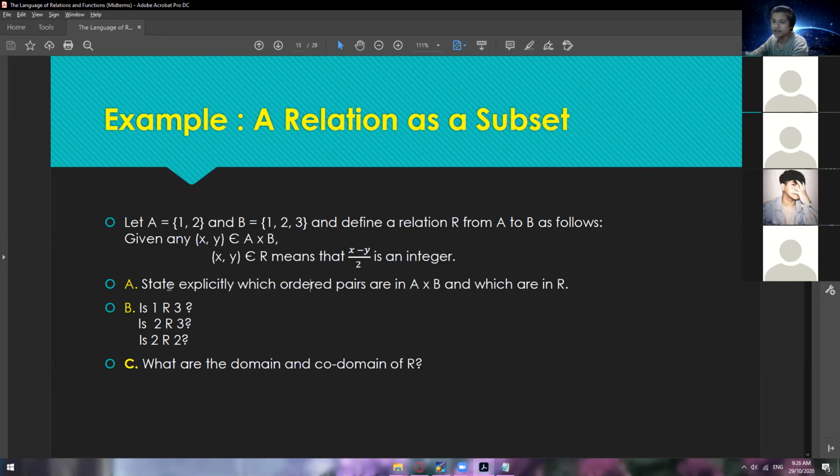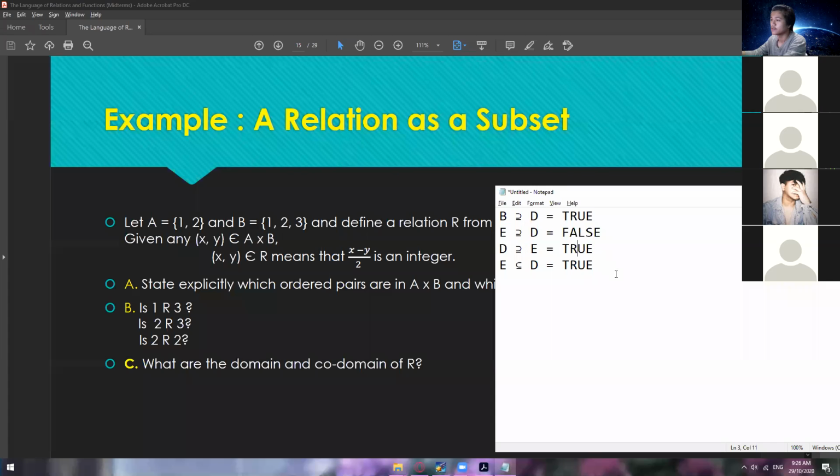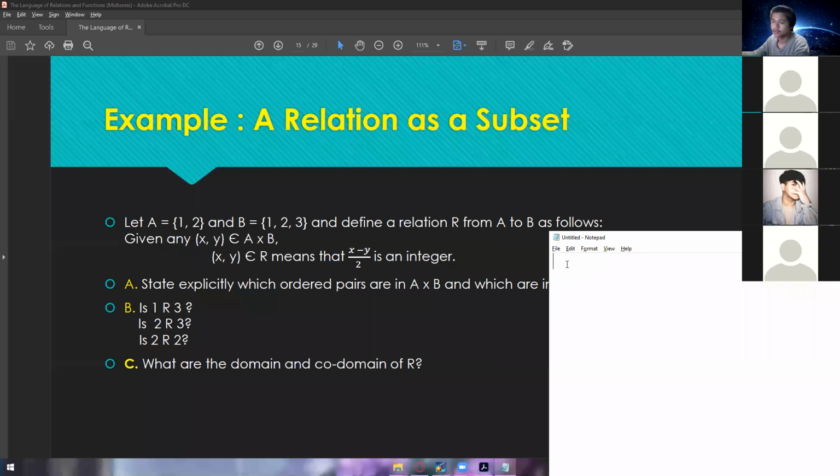Okay, so here are the questions. For letter A, state explicitly which ordered pairs are in A times B and which are in R. So the first thing that you guys need to do is indicate or list all the possible ordered pairs. Naturo ko na to last meeting kung paano kuhanin yung lahat ng ordered pairs using a Cartesian product.